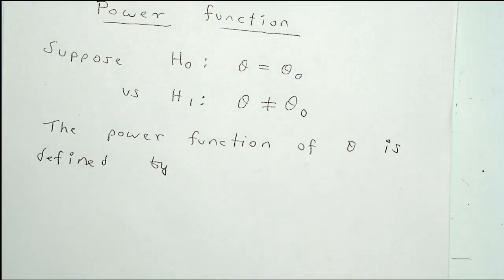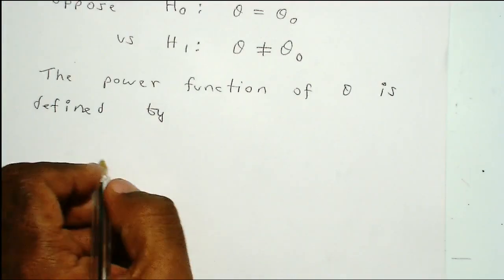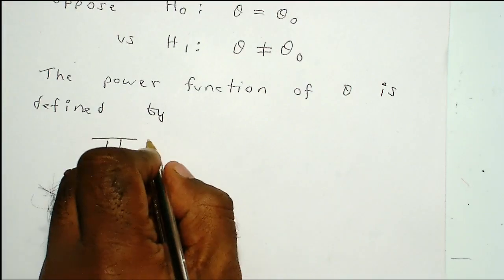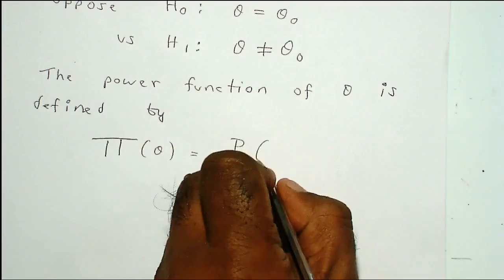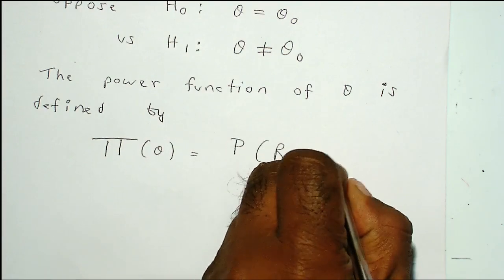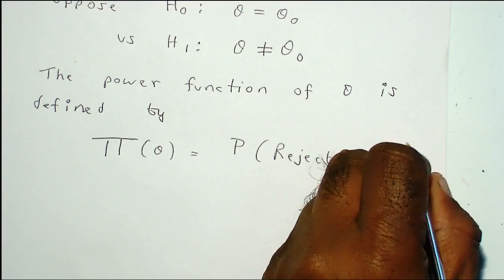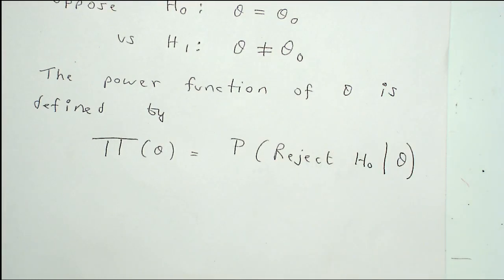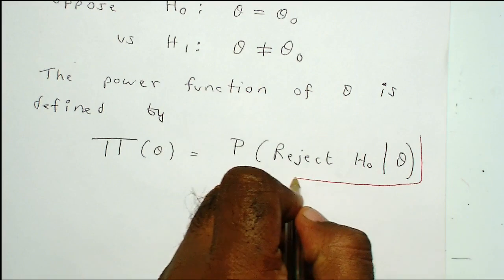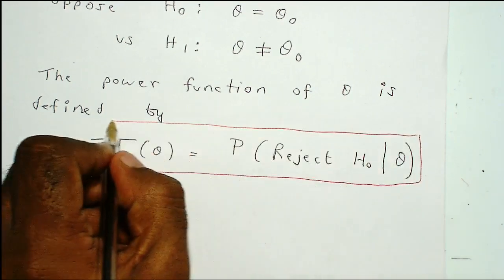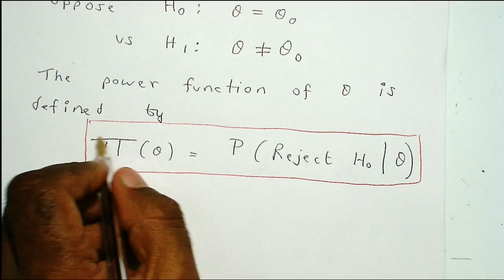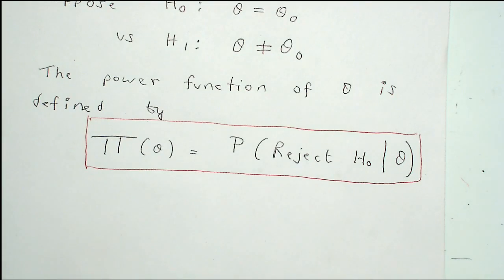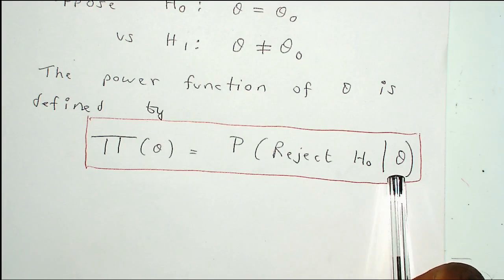The power function of theta is defined by the following. This is capital pi, okay? This is the definition of the power function of theta, right? So it's the probability of rejecting the null hypothesis given the value theta, right?